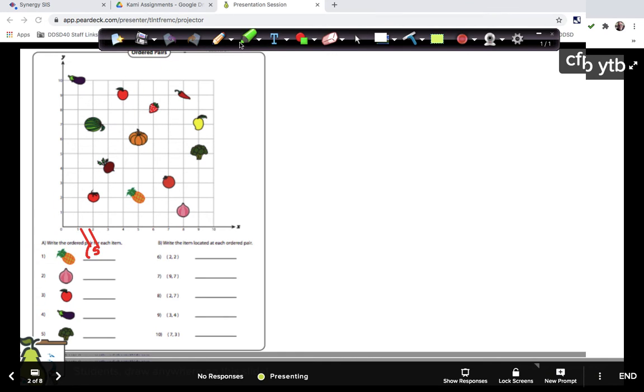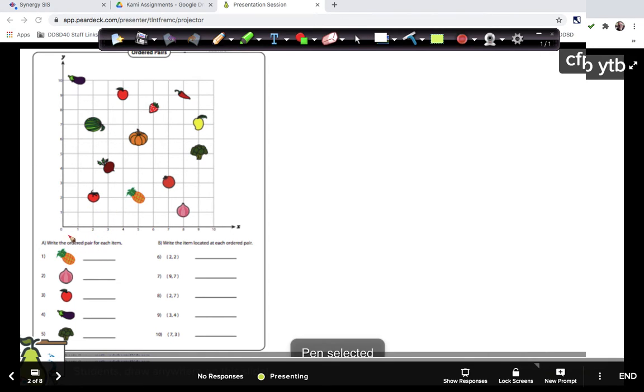Let's erase all this. Okay, click on the eraser. There we go.